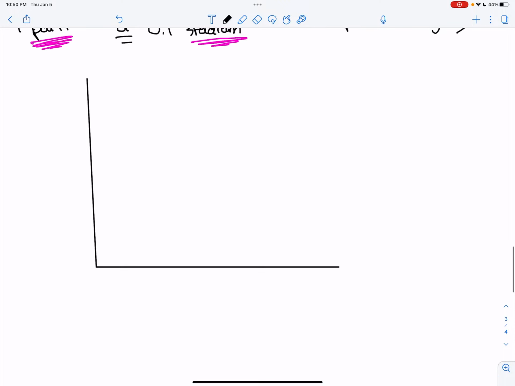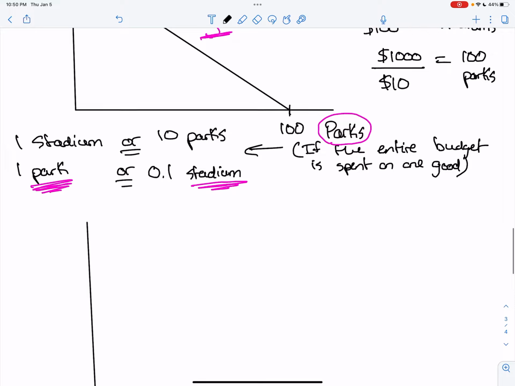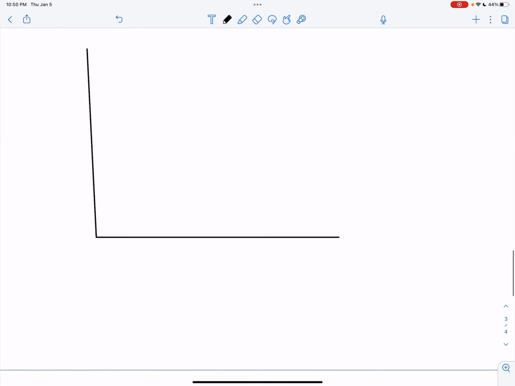Okay, so what does the more realistic model of a PPF look like? Well, economists tend to draw PPFs as follows. Let's use the same goods as we were using before. I'll just abbreviate stadiums, parks, okay?